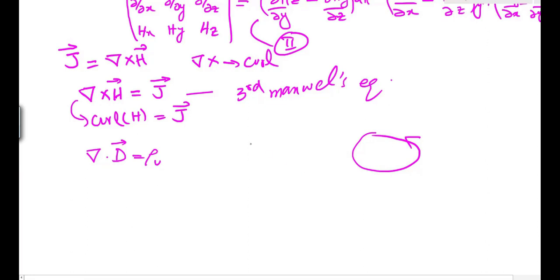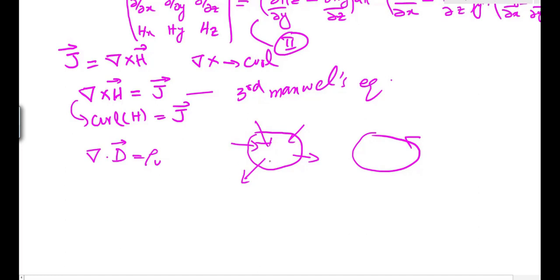Now what did it say? Just a quick reminder. The divergence, del dot D, says that we measure the flux lines entering and leaving this surface. If the number of flux lines entering the closed surface is greater than the number leaving, we say that the divergence is negative.